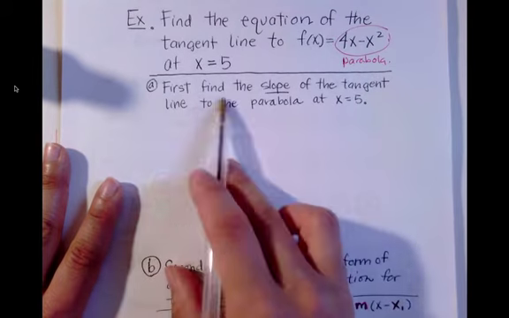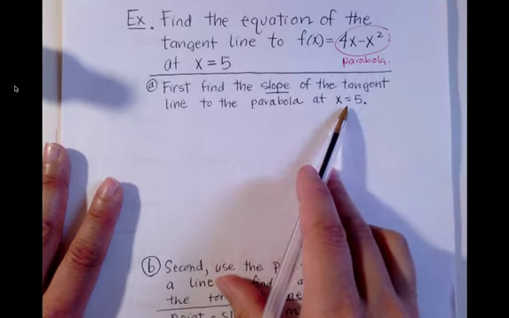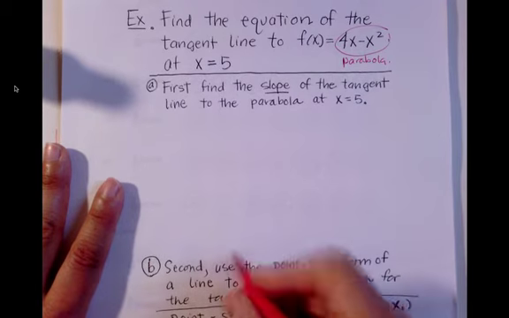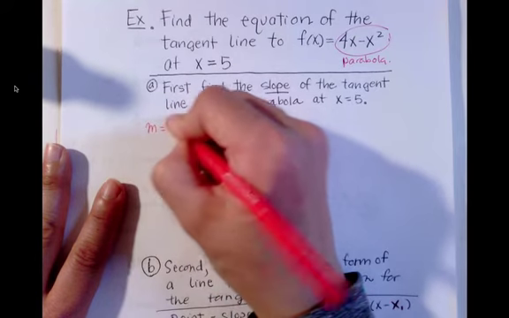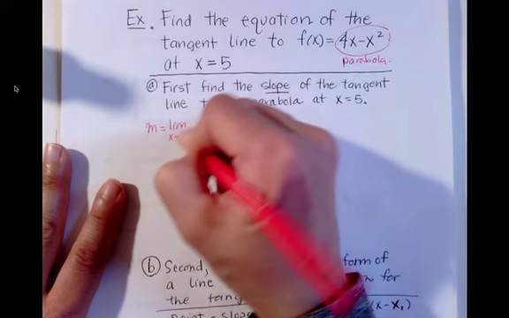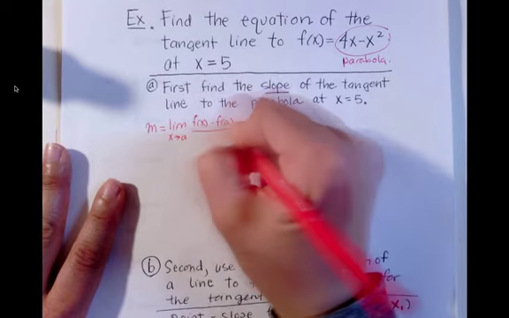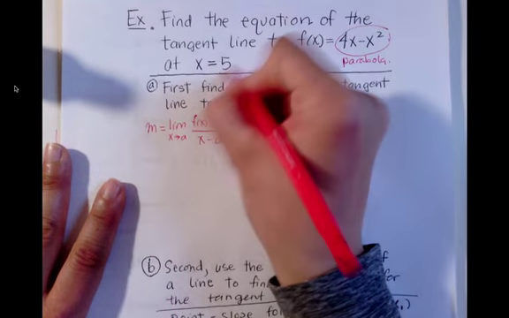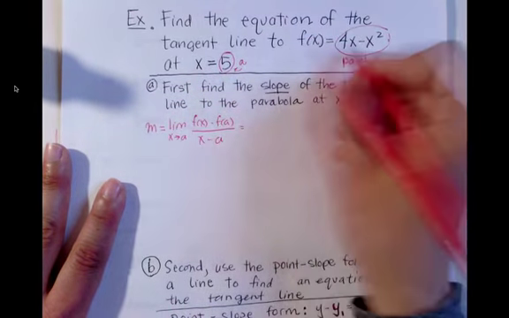So I'm going to first find the slope of the tangent line to the parabola at x equal a. I'm going to use the definition we just had, and the slope of the tangent line, m, is given by the limit. In this case, a is equal to 5, and f, of course, is this function.